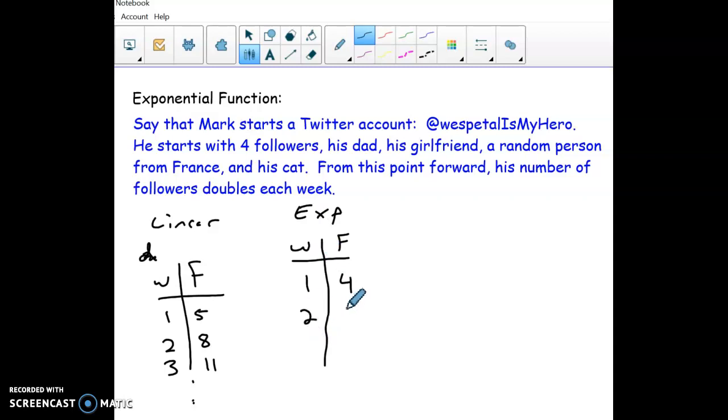So week 2, you would have 8. Week 3, you would have 16. Week 4, you would have 32. So you can see these go up much, much faster than linear. Linear is just adding or subtracting the same amount, and in an exponential, you're multiplying by a value. It's just going to go up or down really quick. So that's roughly what it is.